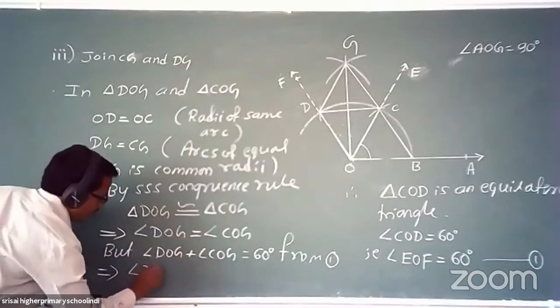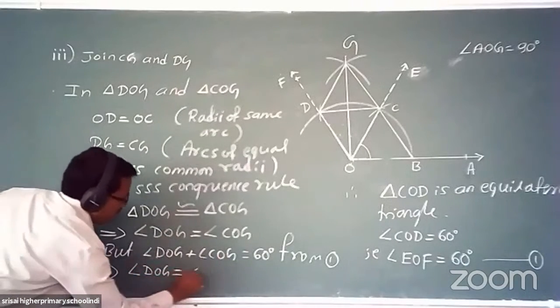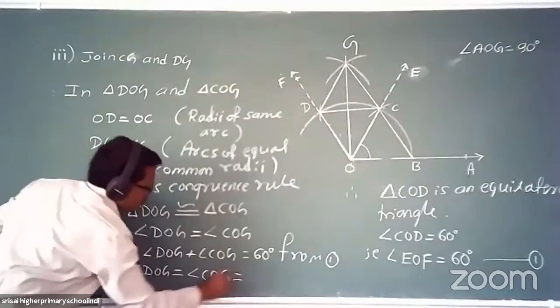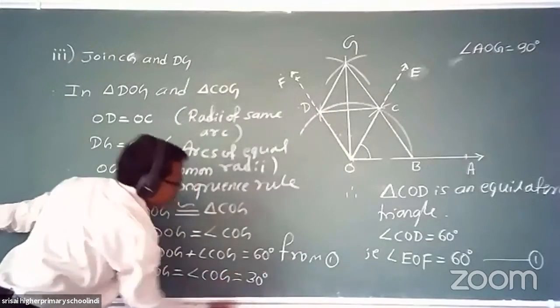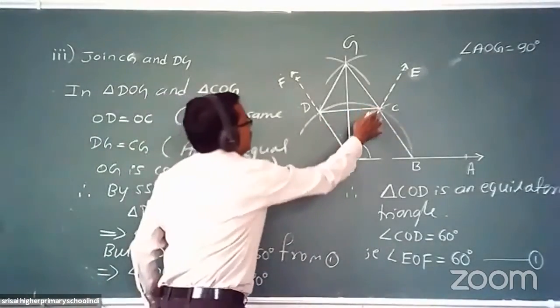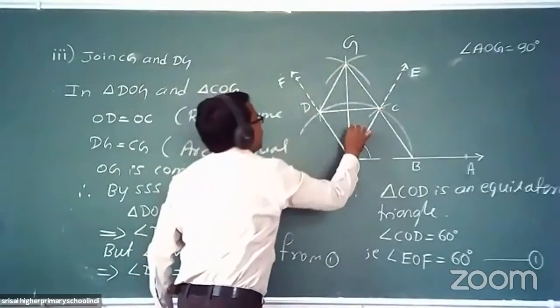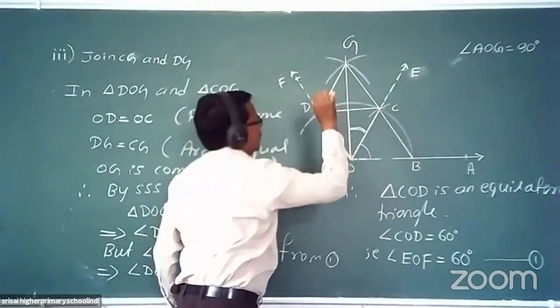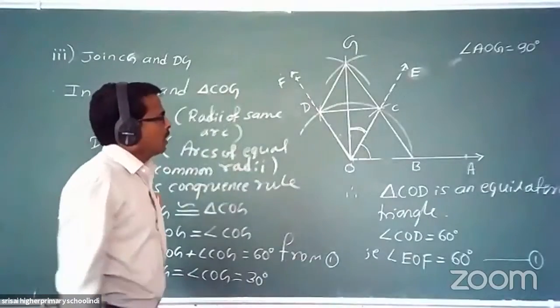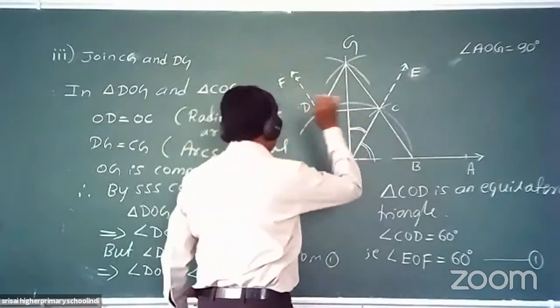Angle DOG equal to angle COG equal to 30 degrees. Now COG became 30, and this much is 60.